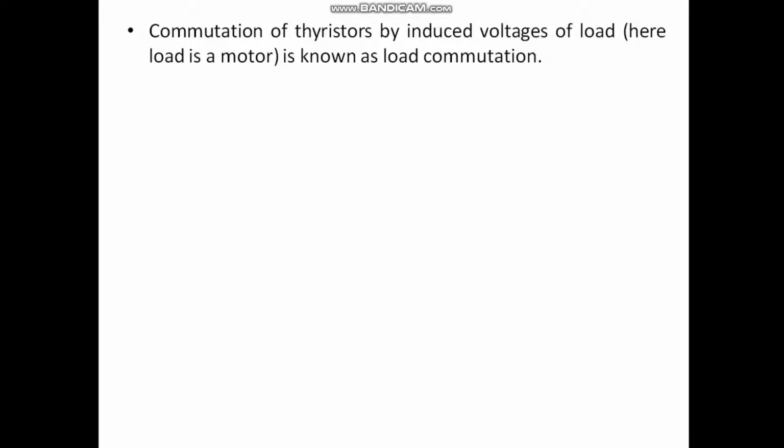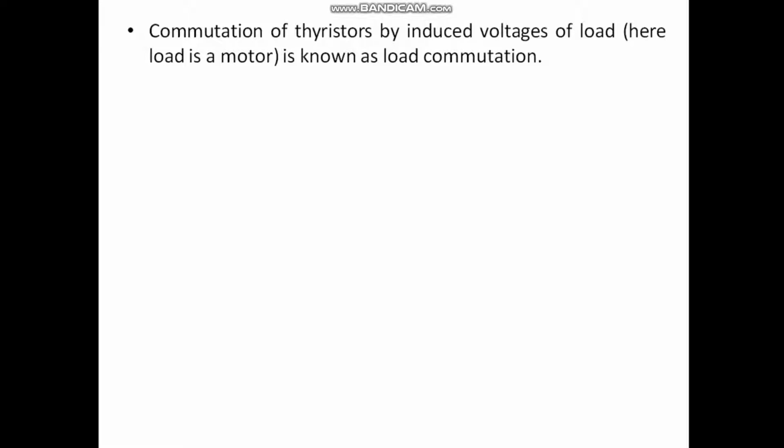The firing angle at the load side inverter is measured by comparison of induced voltages, in the same way as by the comparison of the line voltages in the line commutated converter. In a line commutated converter, we compare line voltages. Here we have to measure the firing angle.